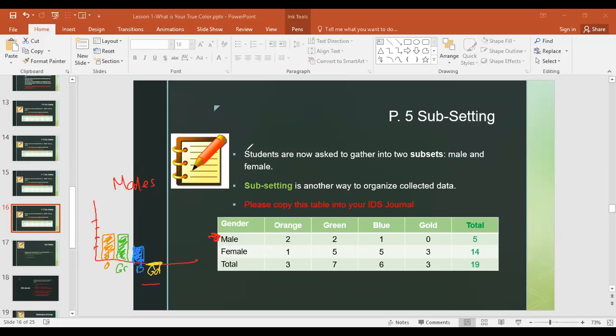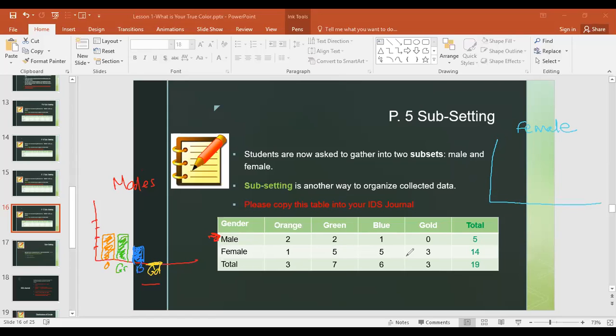So on that note, I want you guys to do the female bar graph. Let's see, maybe we can brighten things up here. I'm going to move this guy right up here. Let's call this female. Make your little markings.